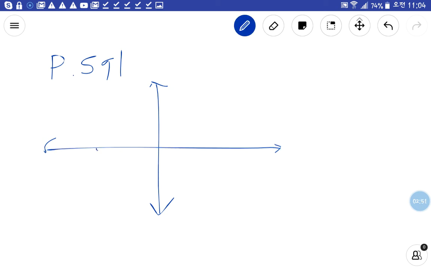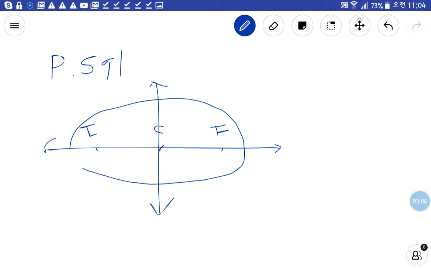Okay, so we have two points here. We call them the foci. That's a focus, that's a focus. Now this we call the center. Now your ellipse is going to look like this. I know I'm just drawing with my hands, it doesn't look perfect, but that we call an ellipse.